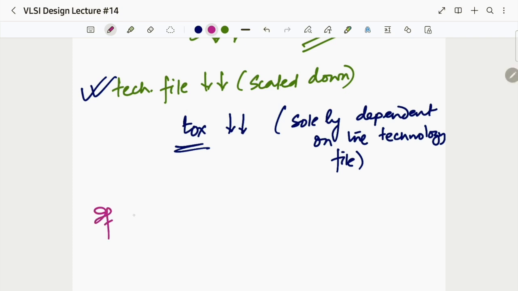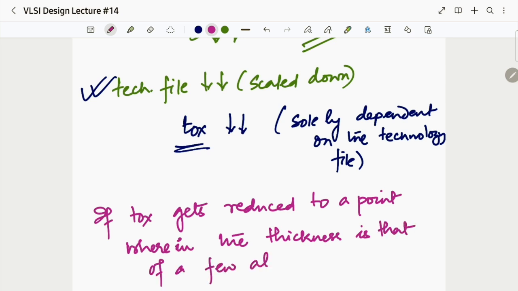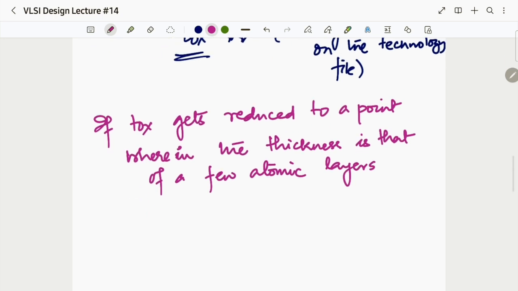See, if thickness of oxide gets reduced to a point wherein the thickness is that of a few atomic layers, that means it will be very thin.